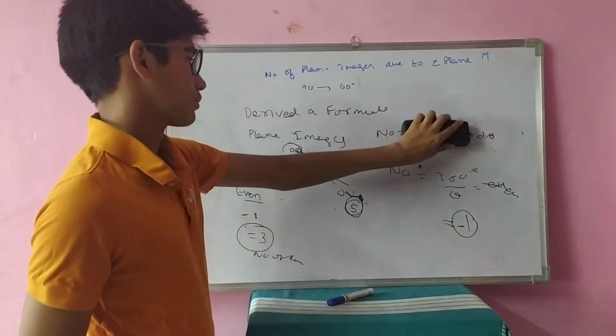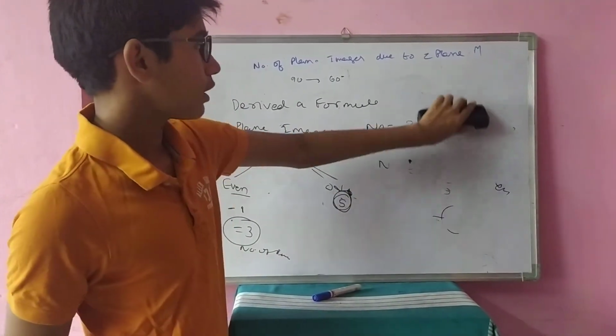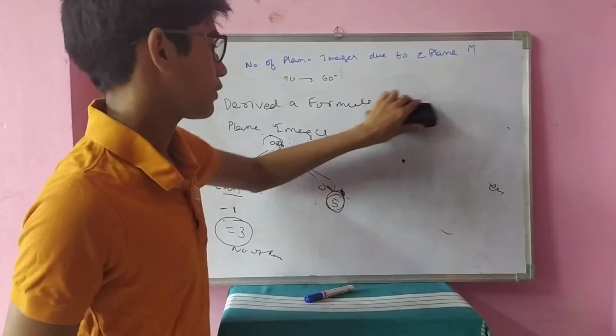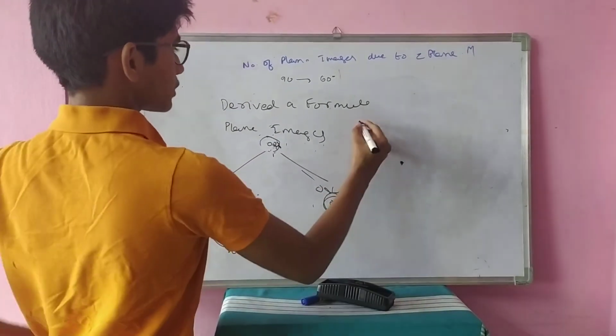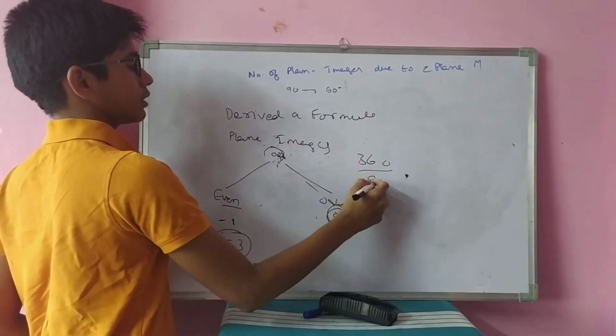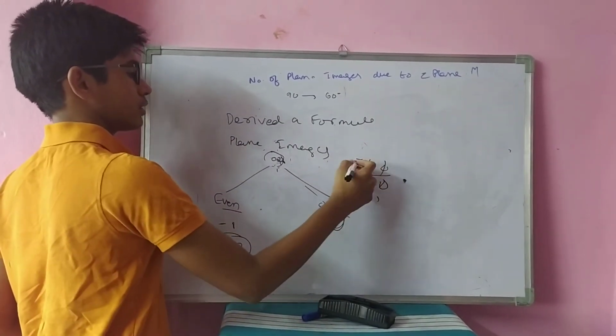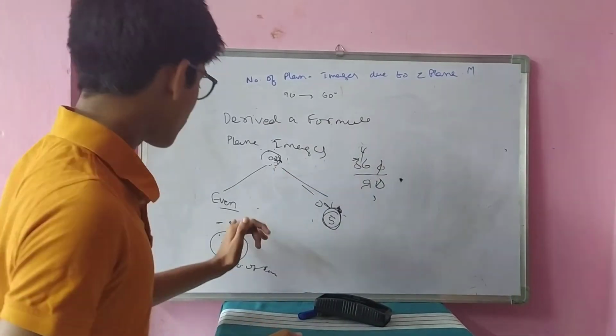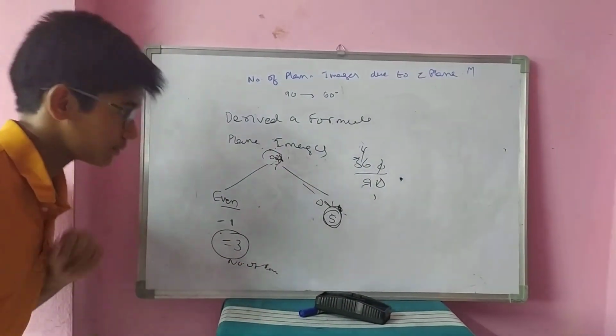Now we'll cross-check whether our ray diagrams give the same number of images or not. I considered 90, so 360 by 90 is 4. 4 is even, so I subtracted 1 and got 3.